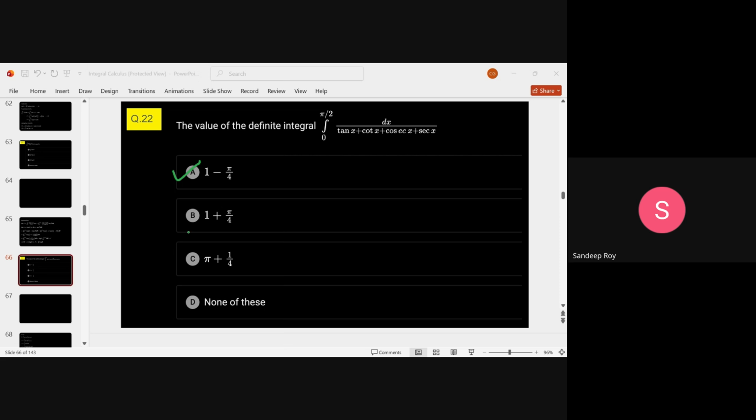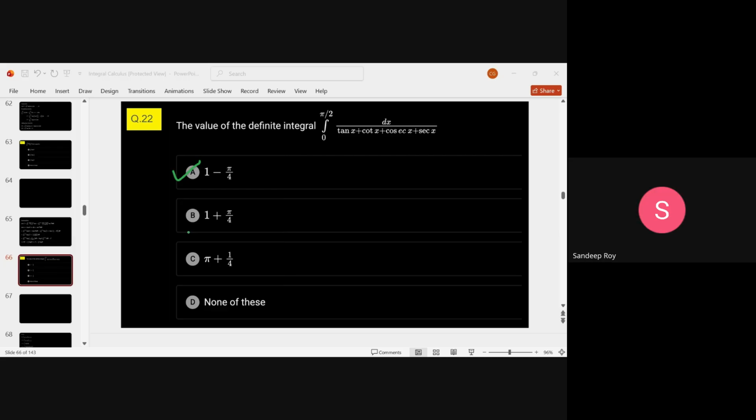Okay. Then again you do one thing. Everything you make into sine and cos form from there itself. So in the sin and cos form, you get sin x by 2 into cos square x by 2 minus sin square x by 2 by 1 plus 2 sin x by 2. So that does not simplify any further.